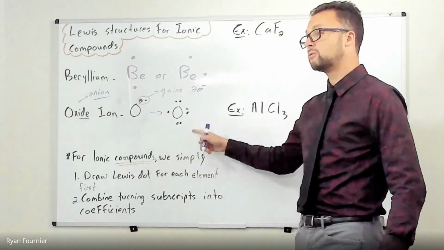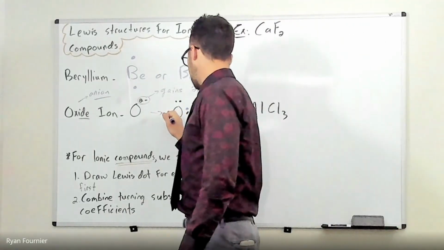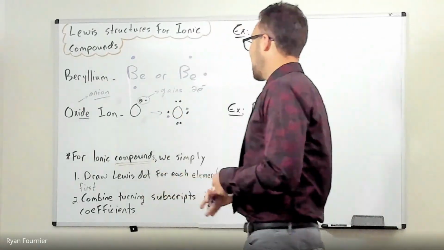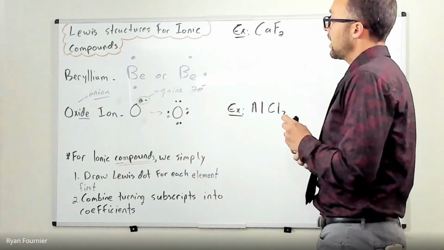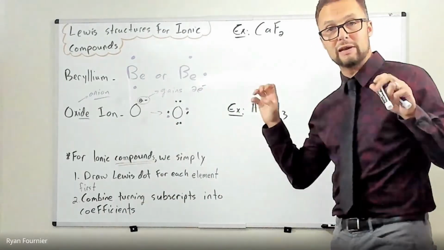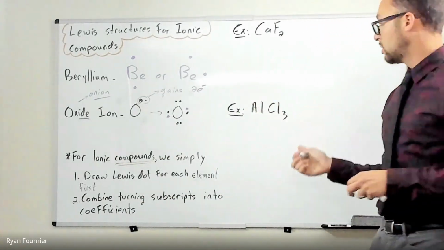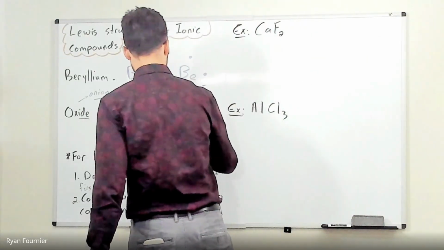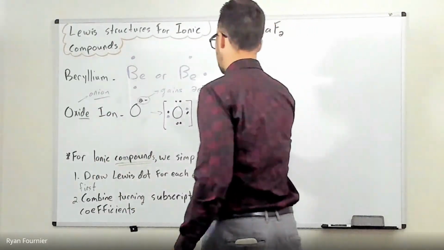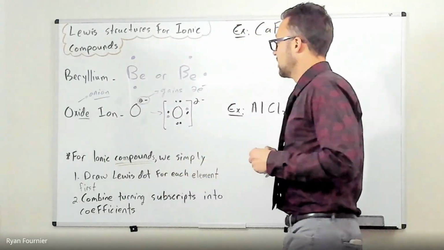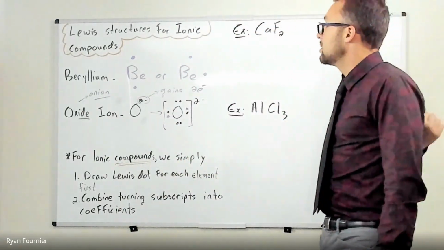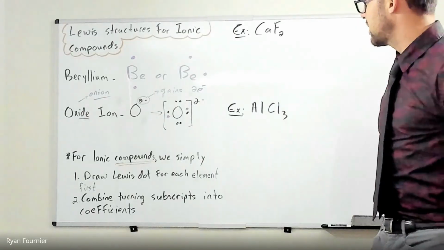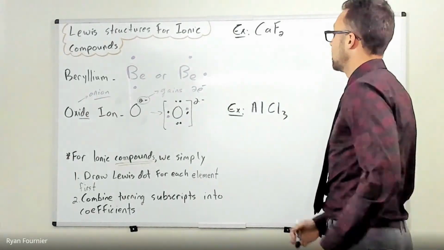So 1 in that domain and 1 in that domain. And now my ion is full, right? It has a stable octet. So what we do is, to indicate an ion, we put this in brackets, and then we write the charge outside, and then that's the complete Lewis dot diagram for an oxide ion.